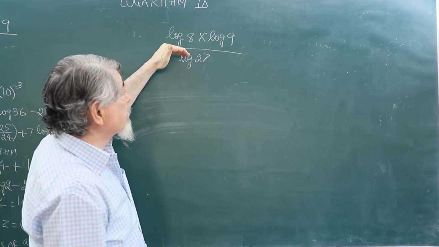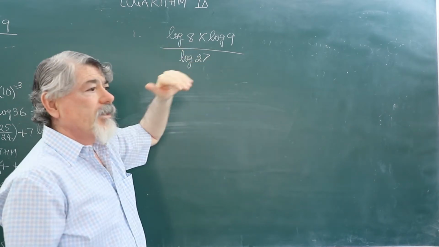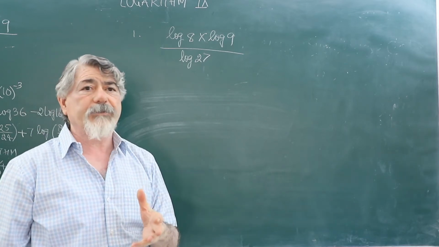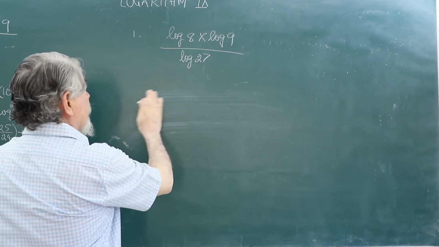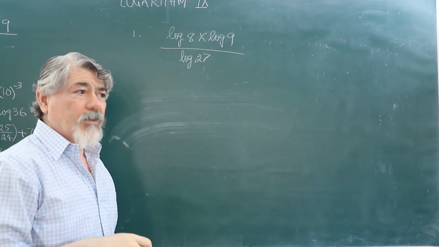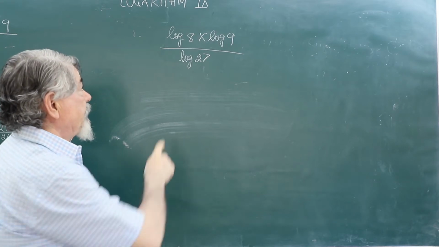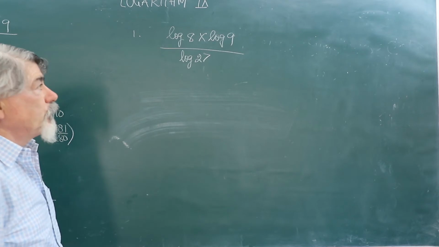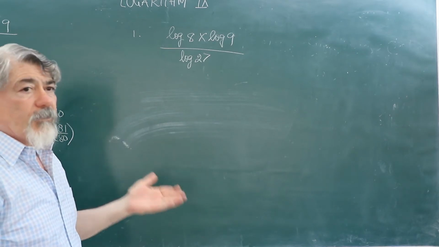When no bases are given in the logarithms, then we consider them as common logarithm, that is to the base 10. So let us not bother about the bases because they are common. I'm not going to write it because it is already not written, so I need not complicate it more.